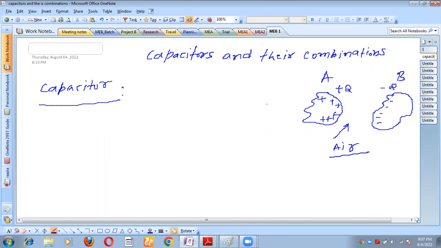So this combination of conductors can form the capacitor. So the charge given to each of the conductors will be proportional to the potential difference V between the conductors, and Q will be equal to CV.